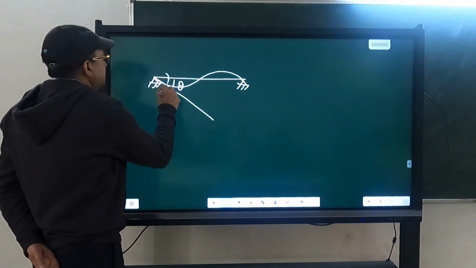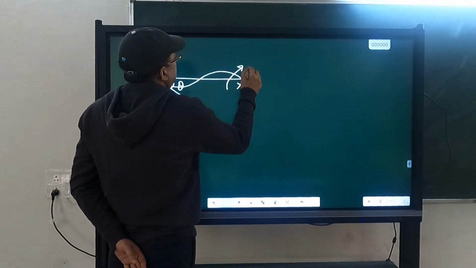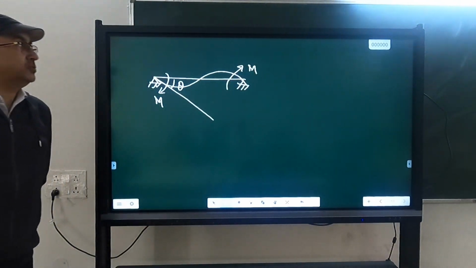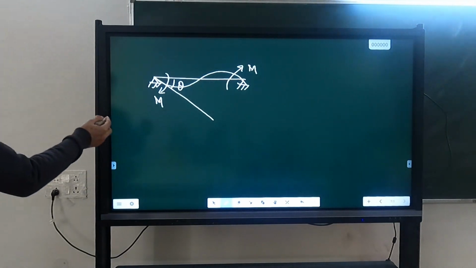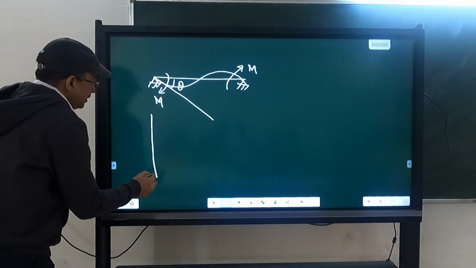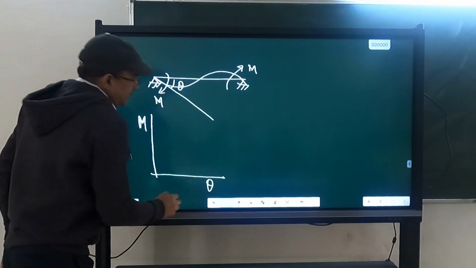And the moment which you are applying here, the same moment, is applied at both ends. Rather same, not even opposite. This is clockwise, and that is also clockwise. And this is given as theta. I am asking you to plot the relationship between M and theta.